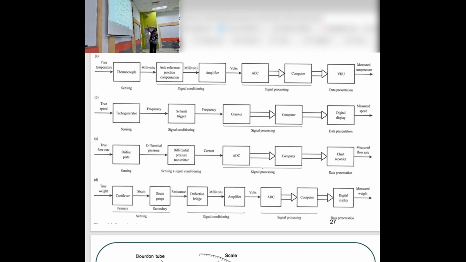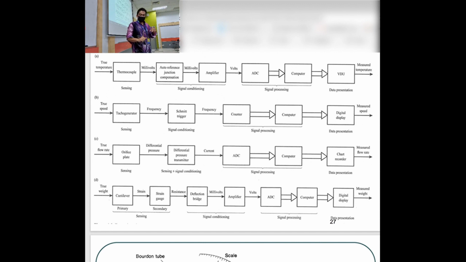The same with the other one, the tachometer, for the speed of rotating equipment: we have signal conditioning, a trigger, and then signal processing and display. And the same thing with the flow rate and the weight measurement: sensing, signal conditioning, processing, and data presentation.